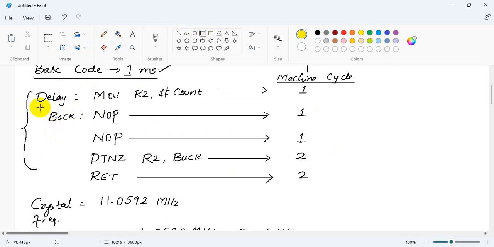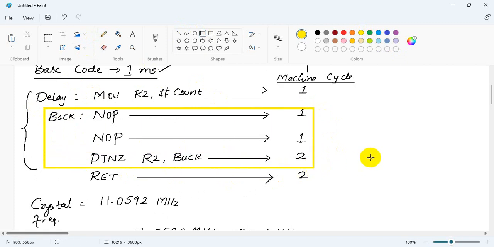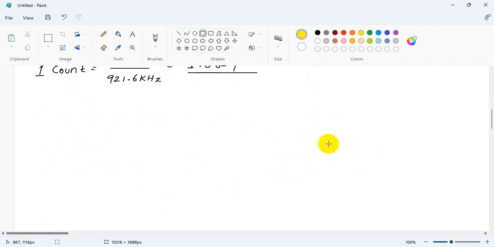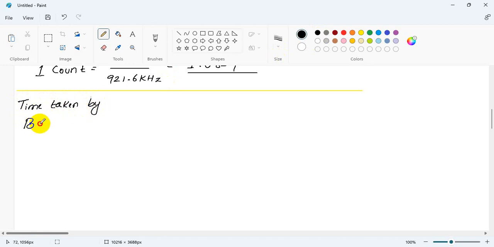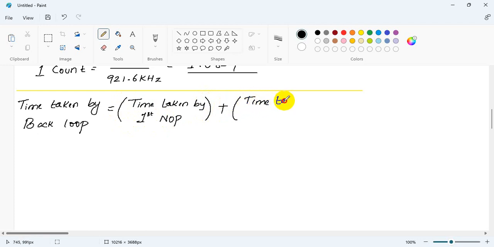So time taken by back loop is equal to the time taken by the first NOP instruction, plus the time taken by the second NOP instruction, plus the time taken by the DJNZ instruction.